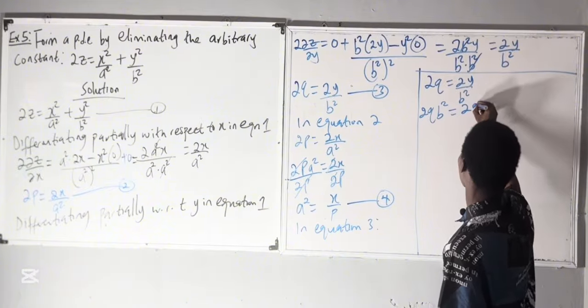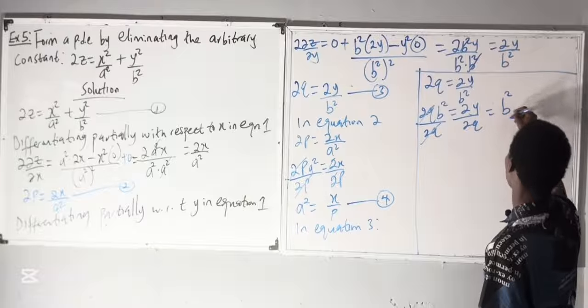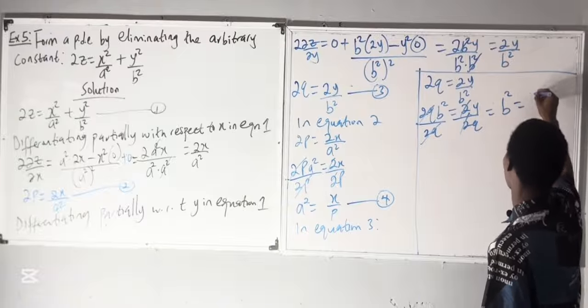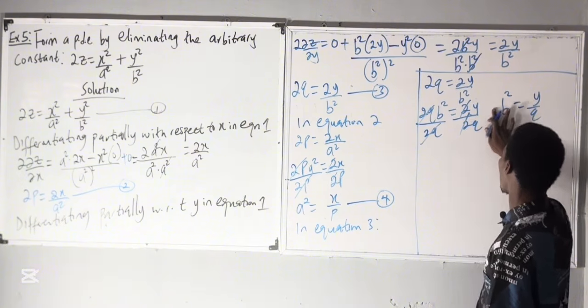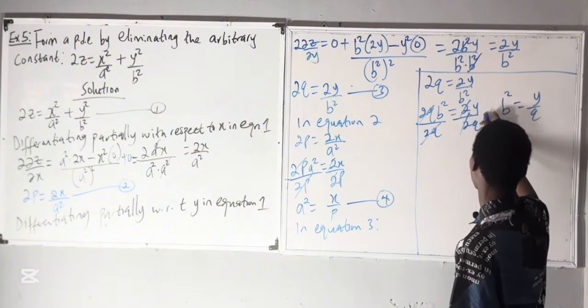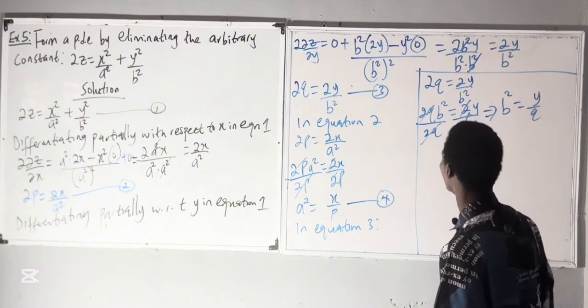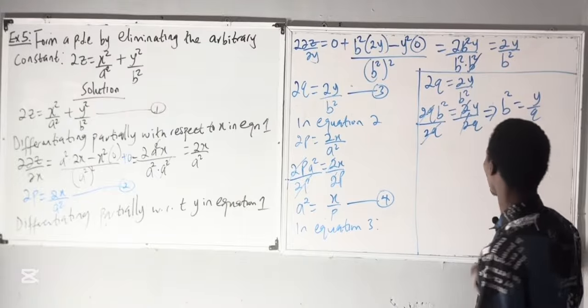So I'm going to divide by 2q all over 2q. So 2q is going to cancel. Then I'm going to have b square is equal to, 2 is going to cancel here, y all over q. So it means our b square is equal to y over q.